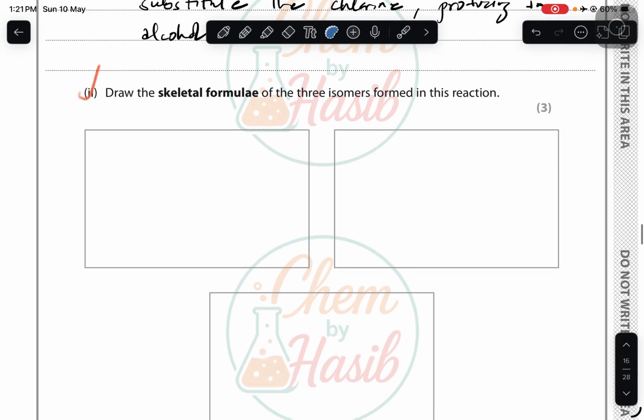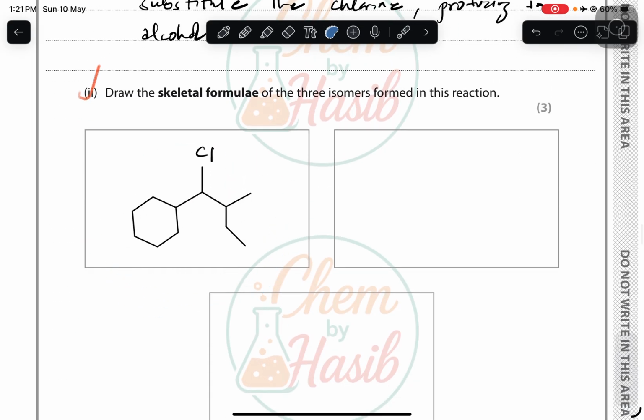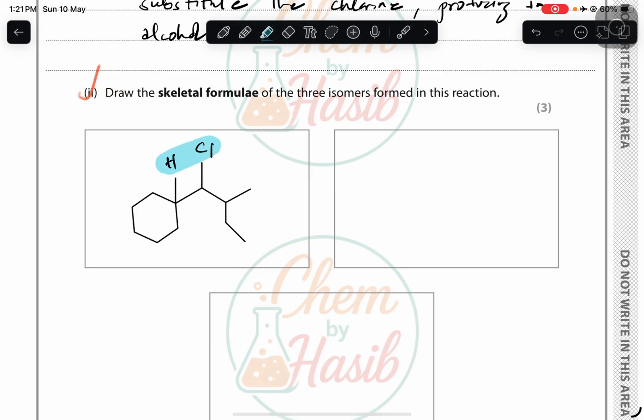Let's look here. You have a hydrogen here. You have a hydrogen here. When hydrogen and the Cl get eliminated, so you'll get a double bond here. So this is one of the answers. You get a double bond here, okay?